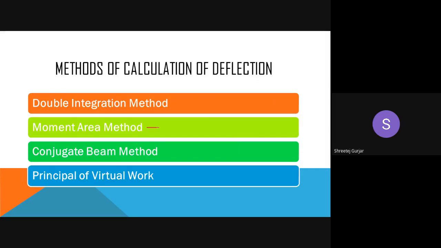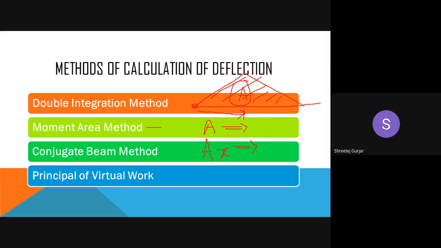I hope you remember the moment area method, wherein you draw your bending moment diagram, and then you calculate the area of this bending moment diagram. What does the area of the bending moment diagram give? Anyone recalls? No one recalls. And what about area multiplied by the perpendicular distance from the support?